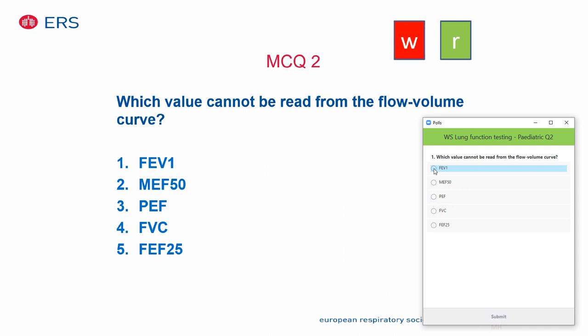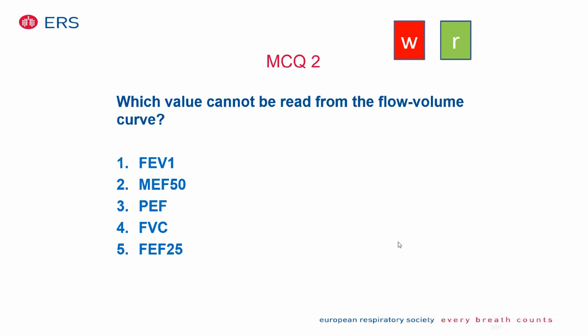Then you see the inspiration and forced expiration with peak flow, etc. And what can you not read from this flow volume curve? Is it the FEV1? Is it MEF50? Is it peak expiratory flow? Is it vital capacity, forced vital capacity, or is it FEF25? You can choose now. Think of the curve.